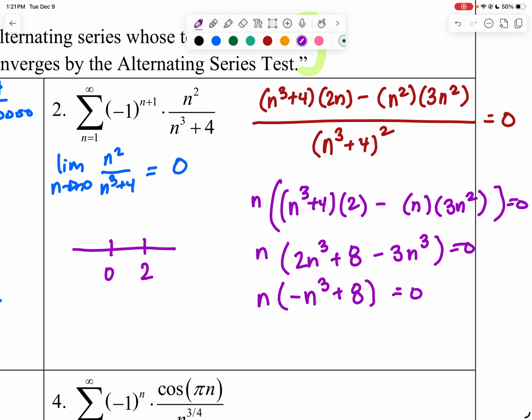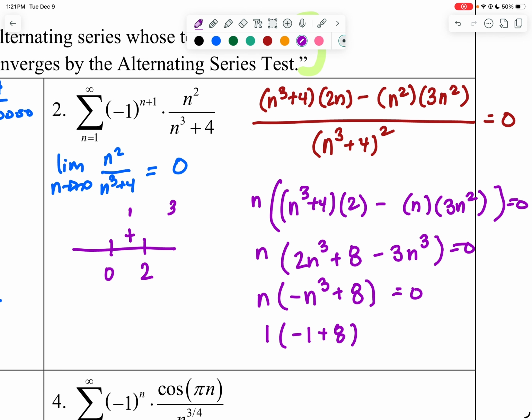Now remember that we're going to plug in 1 into the derivative, and then 3. I'm not going to worry anything before 0 just because my sequence starts at 1 here. So from 1 here, that's going to be 1, negative 1, plus 8, which is going to be positive.